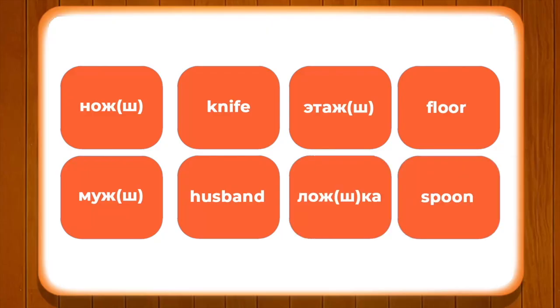And if you pay attention to the particular place where udarenie, or the stress sign, is falling, it has to be only on vowels. So, noj on o, muj on u, etage on a, and loshka on o.